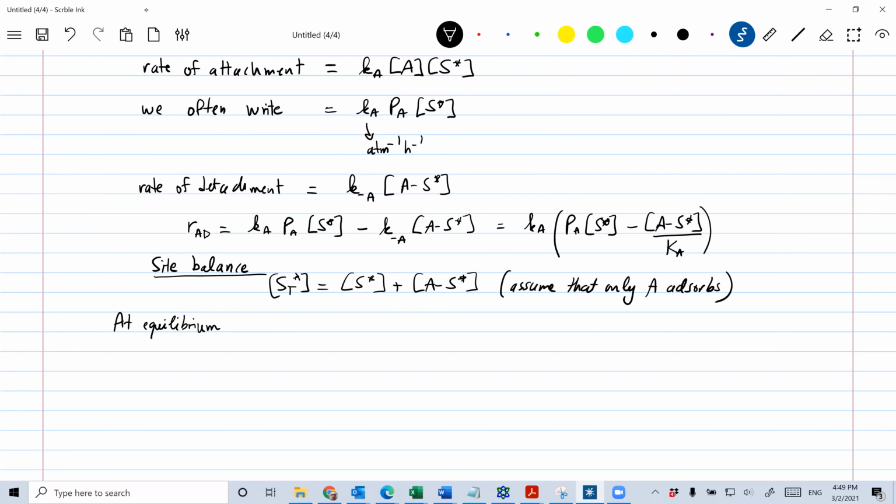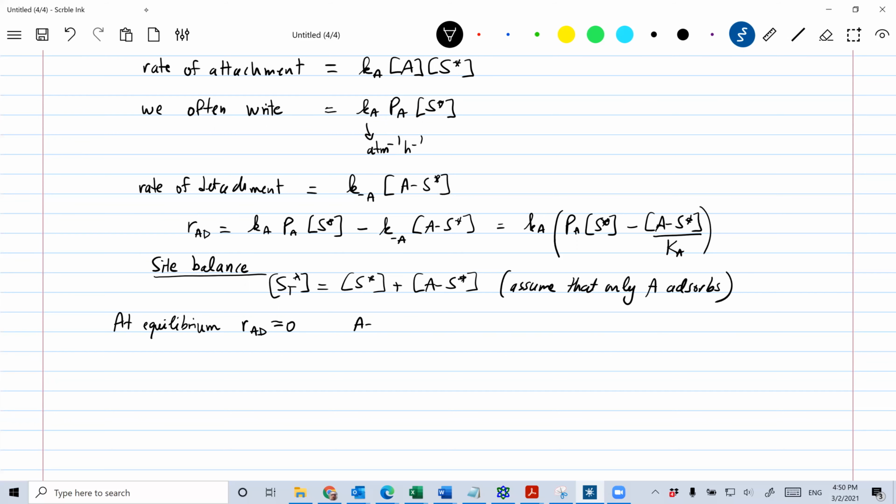Now that step could become the rate limiting step, and we will say next class when that becomes so, we can in fact already solve the rate expression, but we'll do some examples that involve pressure, so you can see examples involving pressure instead of concentration. But let's say at equilibrium, the rate of adsorption is nearly zero, right? Things come in and leave. There's no reaction yet. It's just equilibrium.